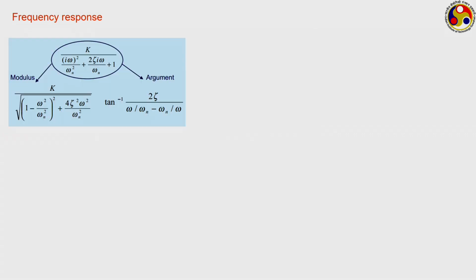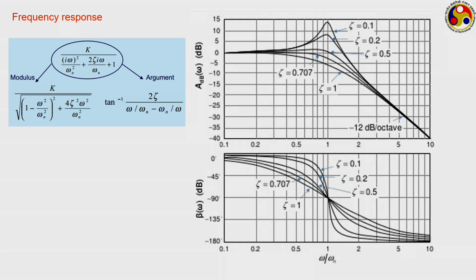And if we subject a second order system to a periodic input, then this will be the corresponding response. You can see when zeta is equal to 0.707, over a large range we are getting amplitude ratio equal to 1, or a very static response, and then it keeps on dropping after this. That is why 0.707 is generally a quite common choice as a zeta for a second order system subjected to frequency response.